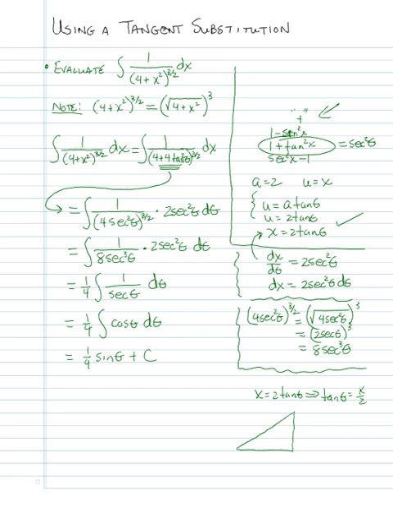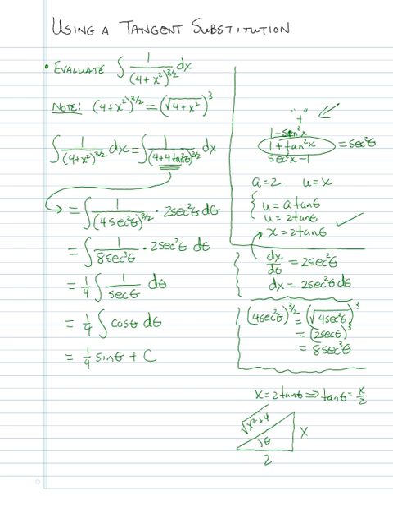So if we're setting up a right triangle, and we call this angle theta, the tangent of theta is x over 2, so that would mean this side would have to be an x, opposite over adjacent. And when we use the Pythagorean theorem, then we would calculate that the hypotenuse is the square root of x squared plus 4, which is the same as the square root of 4 plus x squared, isn't it?